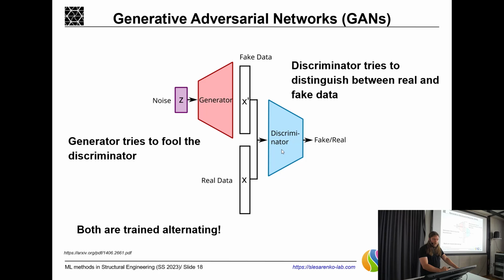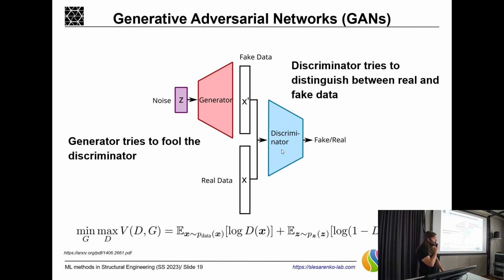Yeah, and now let's do it with math. So this is our loss function, and it has basically two parts. Our discriminator output should get to either 0 or 1. Maximize, I think, minimize, I think it's 0.